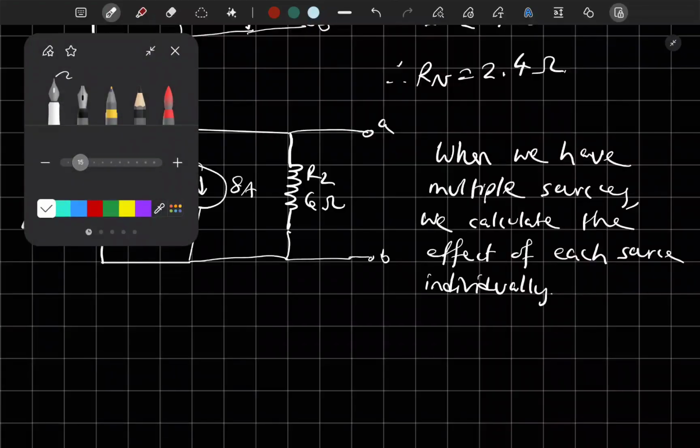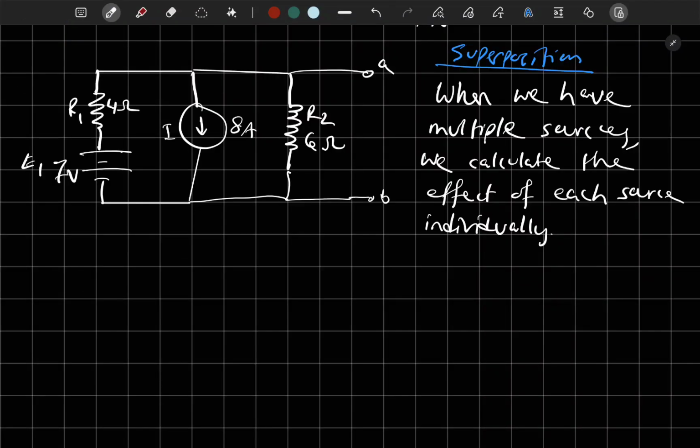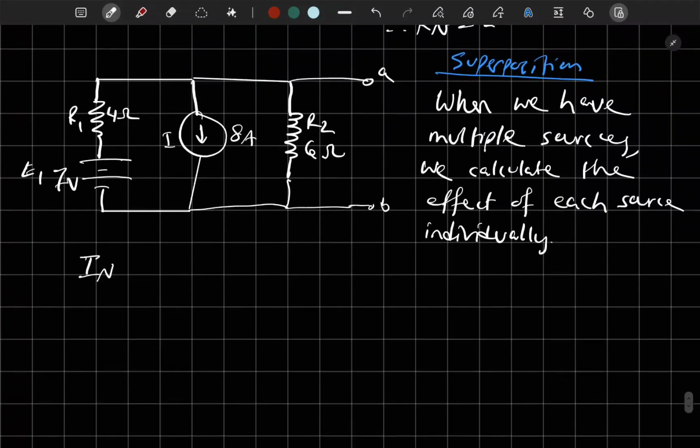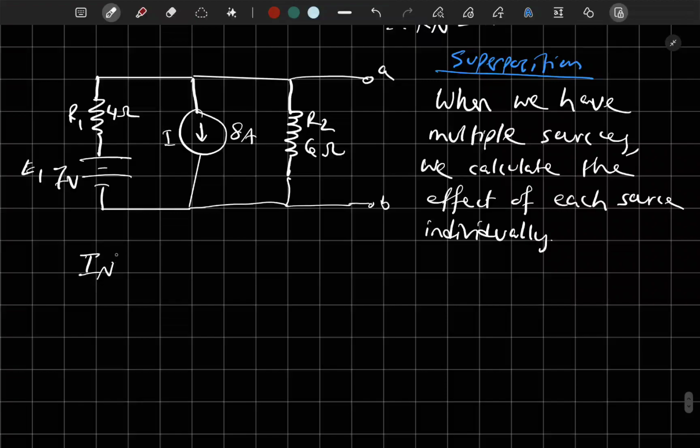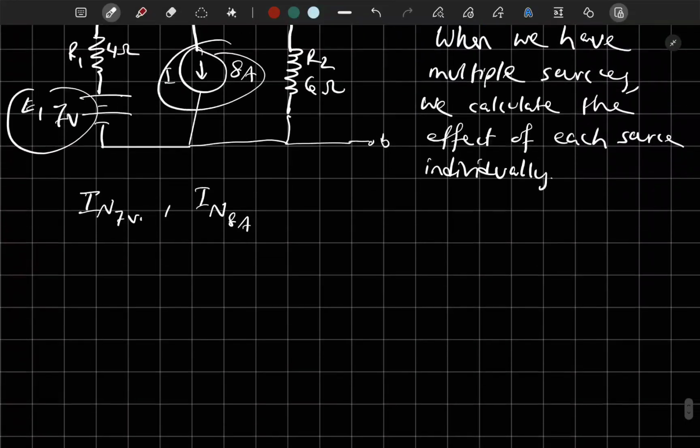That's the superposition theorem. Now this effect can be calculated in terms of current for Norton's theorem. So we will find IN for 7 volts and also IN for 8 amperes, these sources. And we replace voltage sources with short circuit, current sources with open circuit.